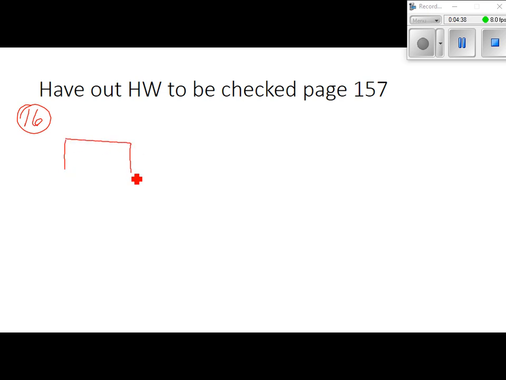If I can draw something that looks sort of the same. What kind of prism do we have there? Rectangular prism.